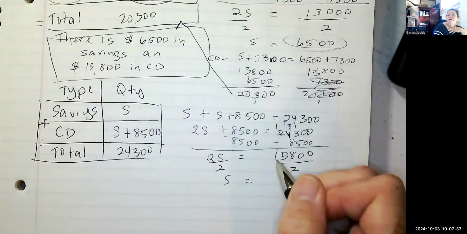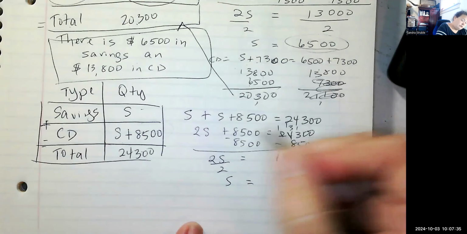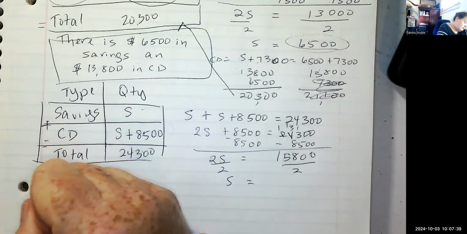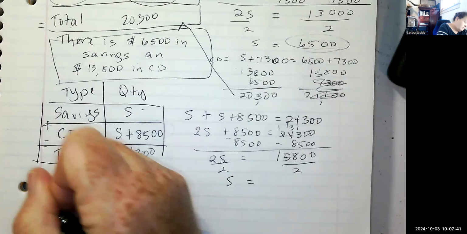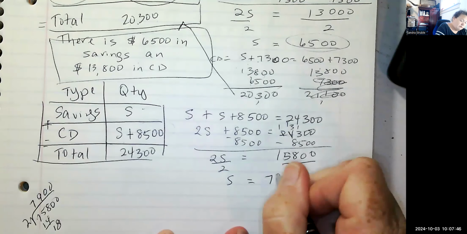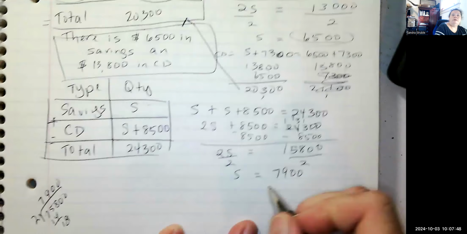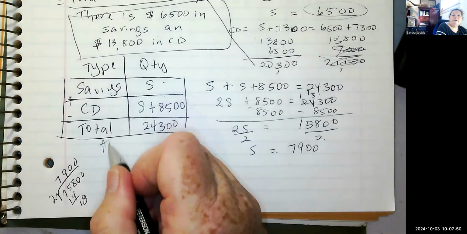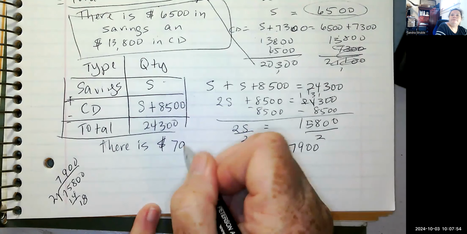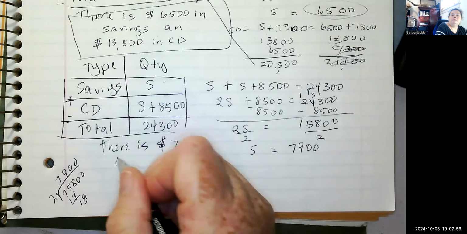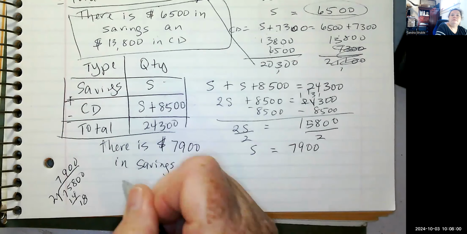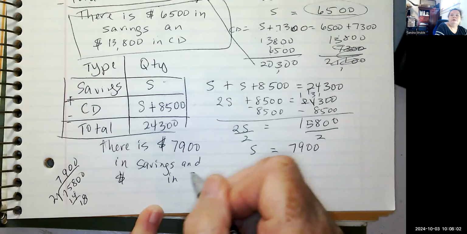So the amount in her savings is, oh gosh, I need to do this. 2 into 158 is 7,900. So there is $7,900 in savings, and how much in the CD?